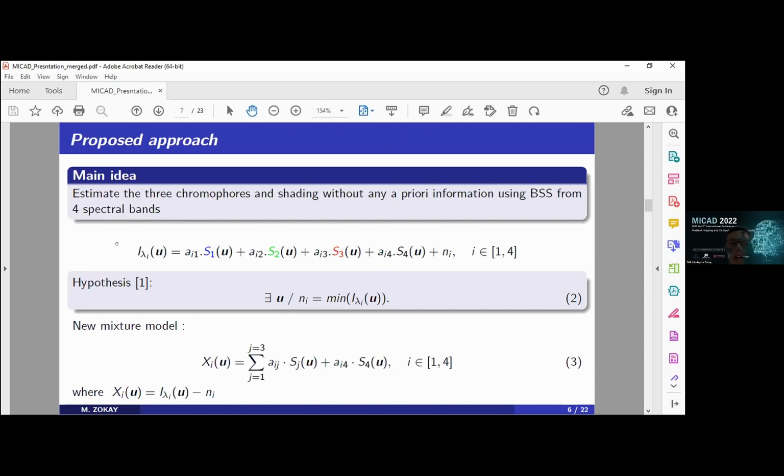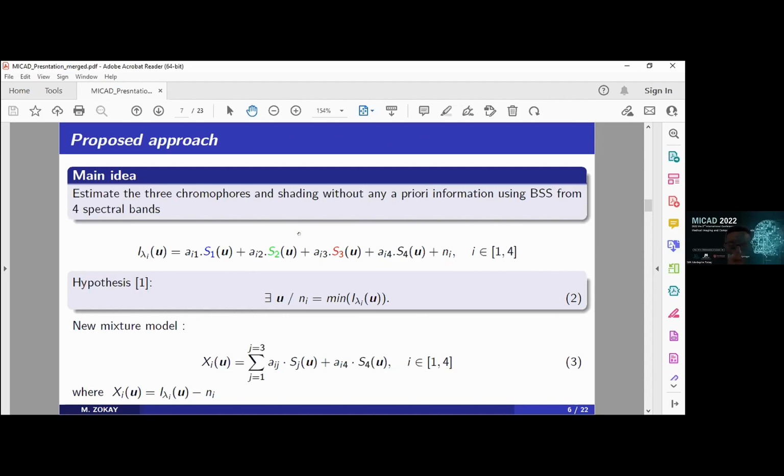It consists in estimating the three chromophores without any prior information, using only blind separation and for multispectral images. Based on the previous equation, we can see that the term E has no information on the distribution of the three main chromophores, and we propose to eliminate it using the following hypothesis.